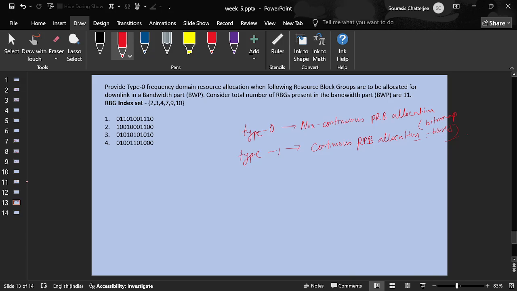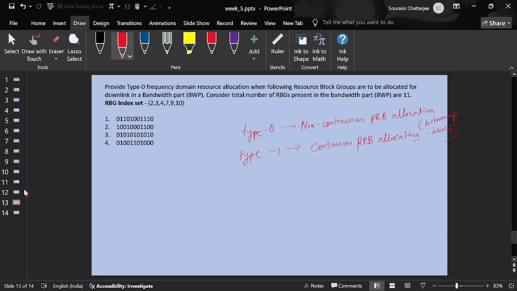What kind of frequency domain resource allocation do you think is going to be helpful? I think type 0. And why is that? Because we are choosing randomly, not continuous.